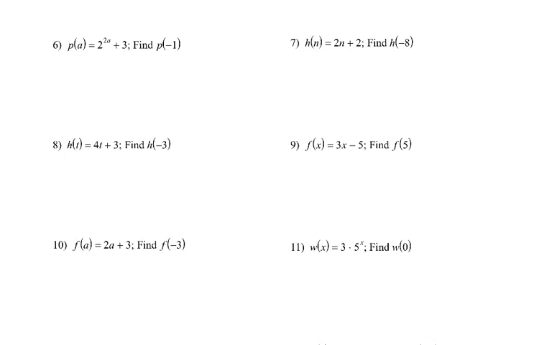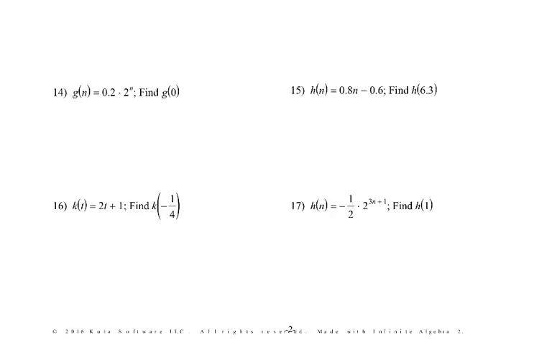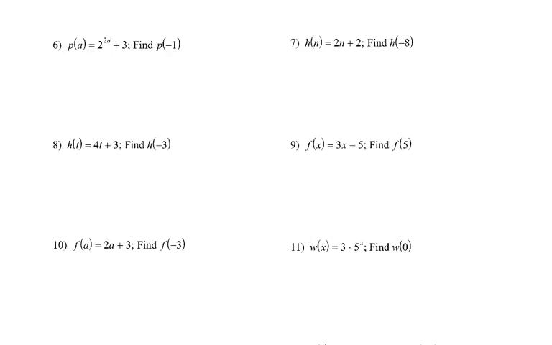Alright, so second page, we've just got a few problems. Let's just knock them out. Replace the a with negative 1 in the whole thing, and then we solve that part first. 2 times negative 1 is negative 2. 2 to the negative 2 plus 3.